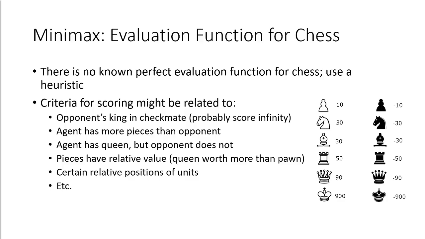We'll use positive and negative for white and black team players. Then you could also look at which player has more pieces, and so you could have a score contribution related to that. And then maybe the queen is such a valuable piece that you might have some comparison to see if one player has the queen but the other doesn't.